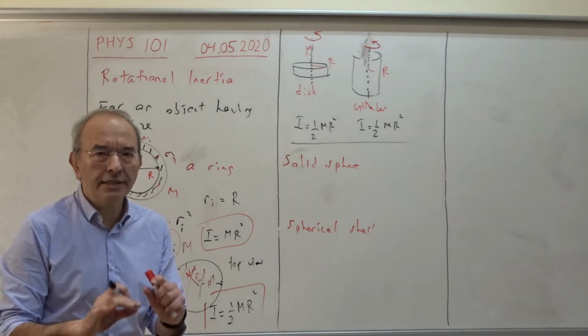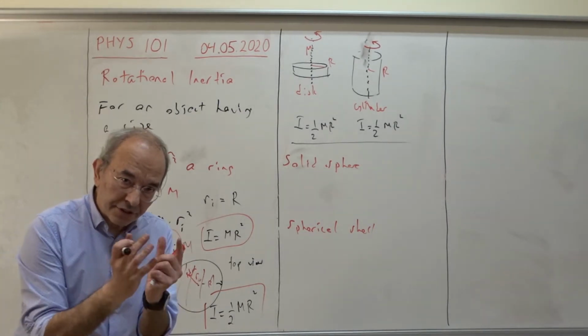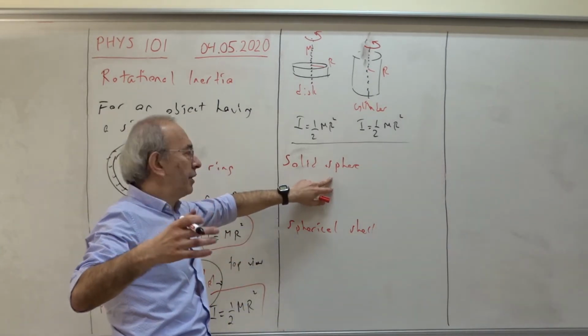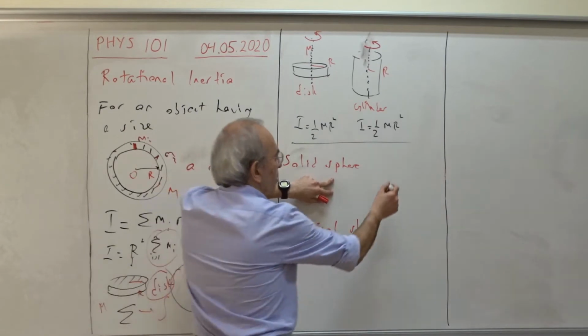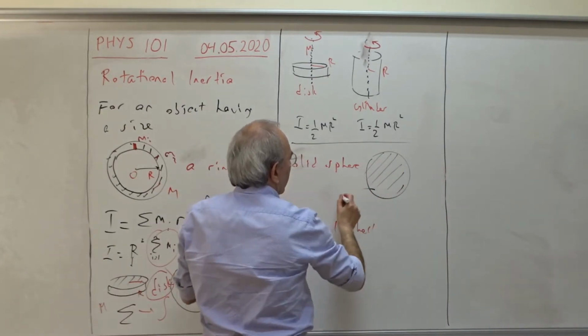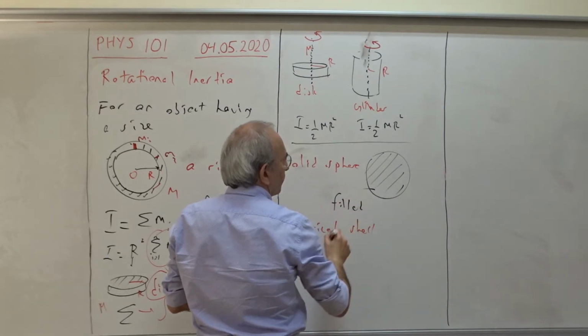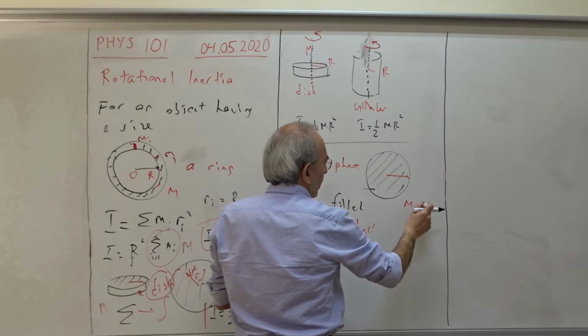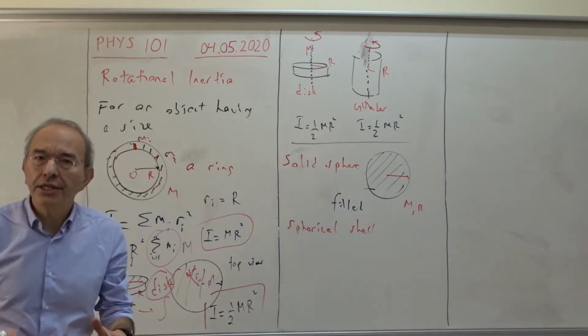It's empty inside. It has only a cover. But a solid sphere is like an iron ball, for instance. So it is an object and it is filled inside. The properties are mass m, radius r. Always you will have mass m and radius r.